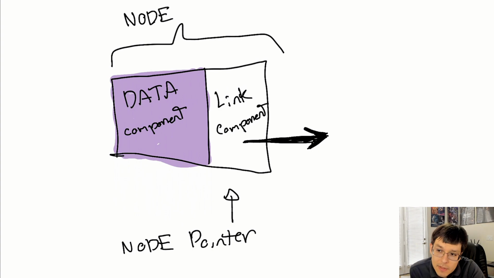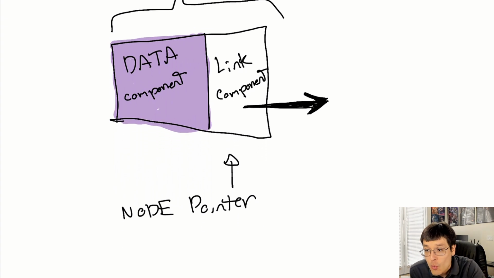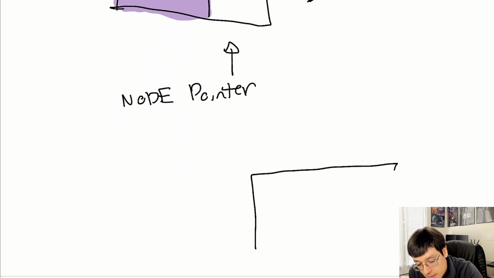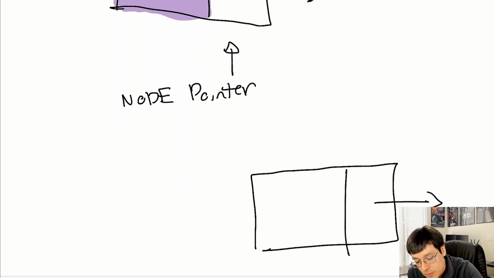Okay. Now, what is this going to point to? Well, therein lies the rub. We're going to make it point to another node object. So we're going to make another one, which also has its data component and its link component.